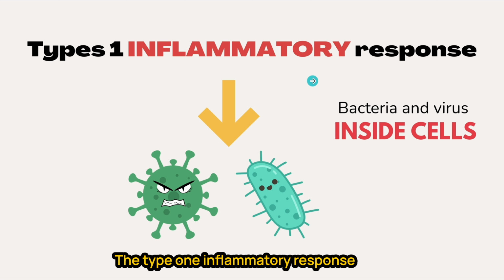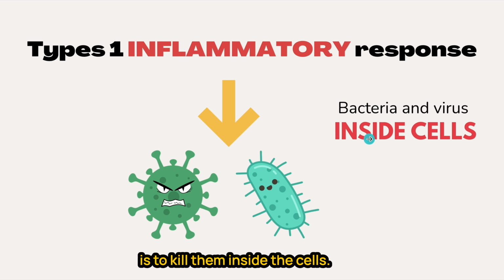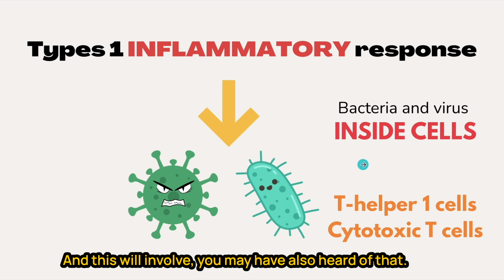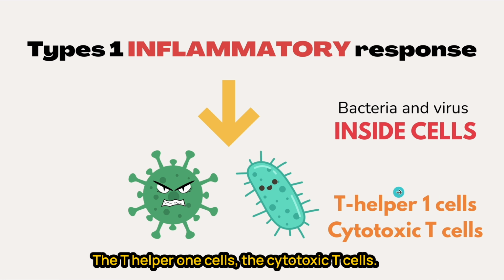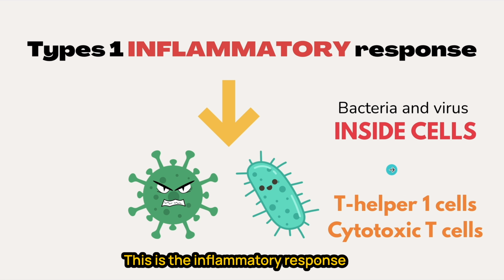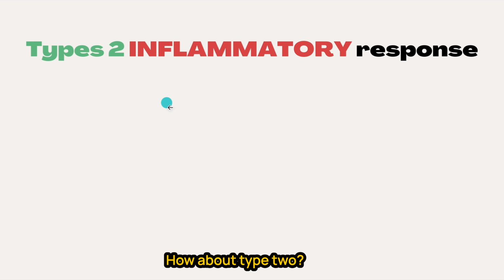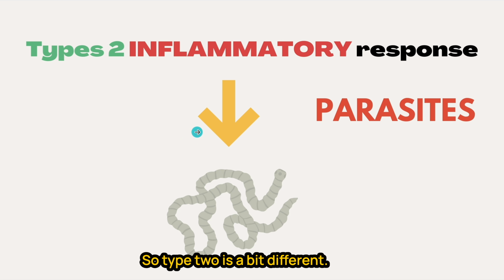This involves, as you may have heard, the T helper 1 cells and the cytotoxic T cells. This is the inflammatory response to kill bacteria and virus. How about type 2? Type 2 is a bit different.